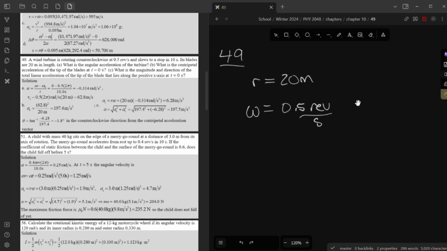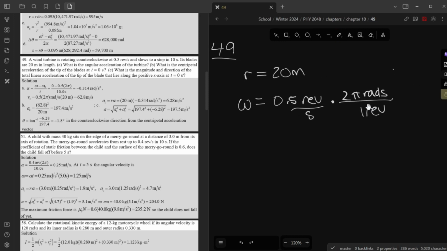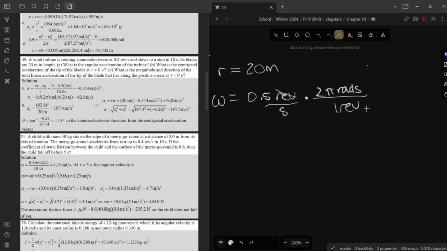And we can actually use a conversion factor here. We can multiply by 2 pi radians, so rads for the units, and then there's 2 pi radians in 1 revolution, so we write revolution in the denominator. Now these units cancel, and we're left with radians over seconds.